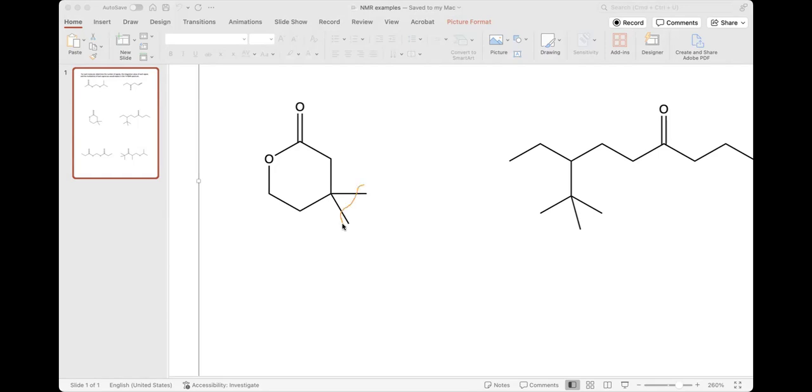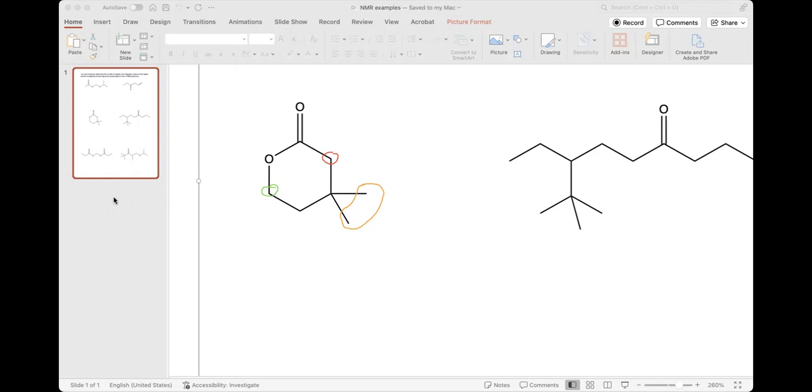Yes, it's 4. Those two methyls are identical, so that would be 1. But this carbon here doesn't have any hydrogens, so that one's out. But that carbon has hydrogens. None of the other carbons that have hydrogens are going to be identical. And so I think we're going to end up with 4 signals.